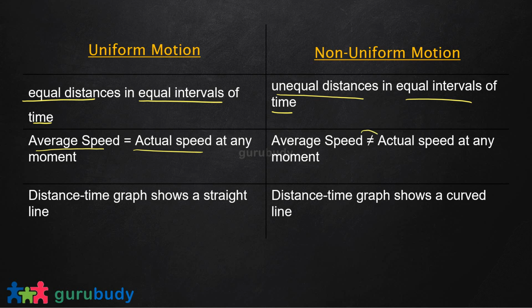In non-uniform motion, that is not true. The average speed is not equal to actual speed. The actual speed is changing quite a bit in the non-uniform motion. In the distance time graph, uniform motion has a straight line. In non-uniform motion, that is not true. The distance time graph is not a straight line, it's a curved line. So I hope that made things pretty clear about uniform and non-uniform motion.